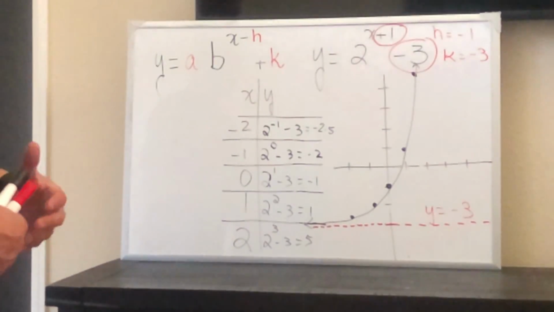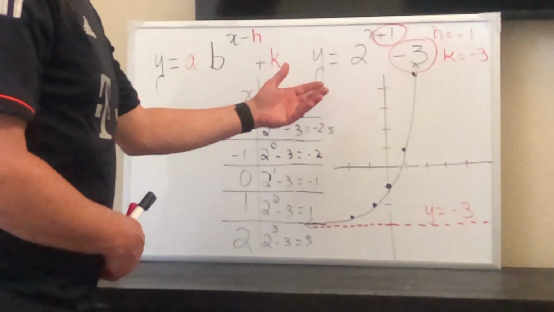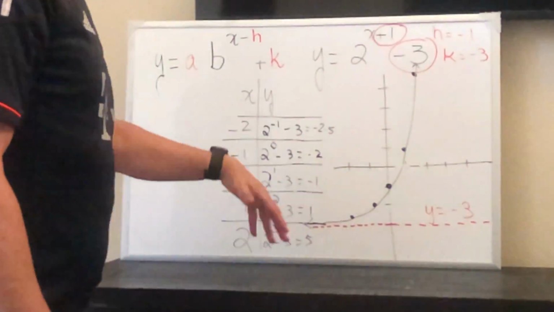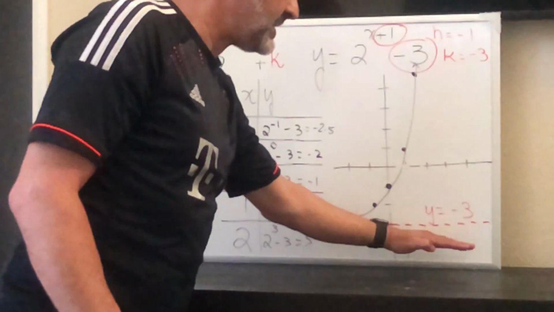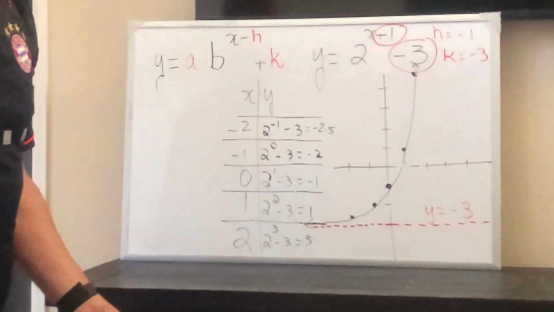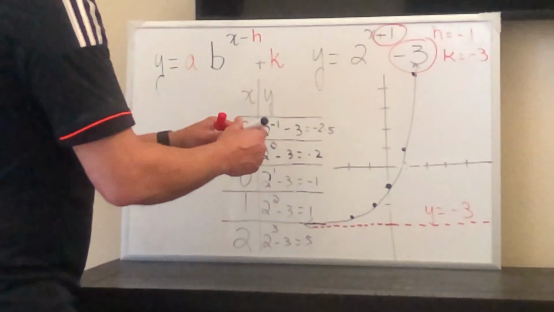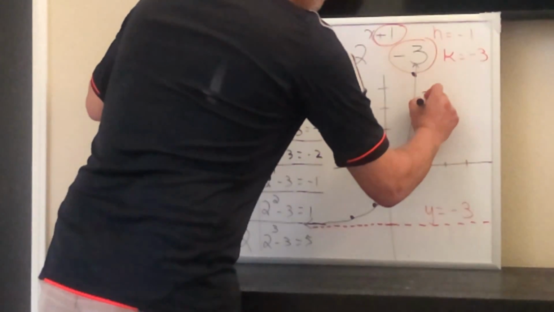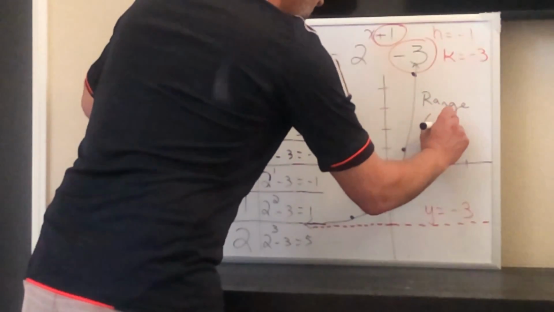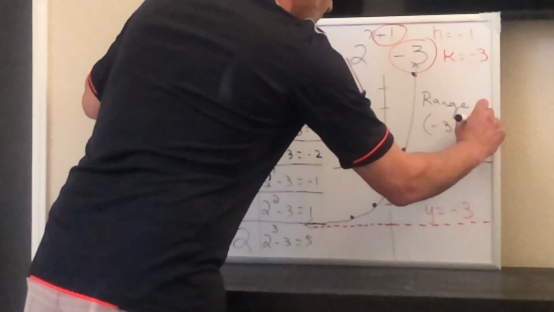The range of a parent function is numbers greater than 0. Well, I shifted everything down 3 units. So now the range is numbers greater than negative 3. So the range of this function is the set of numbers negative 3 to infinity.